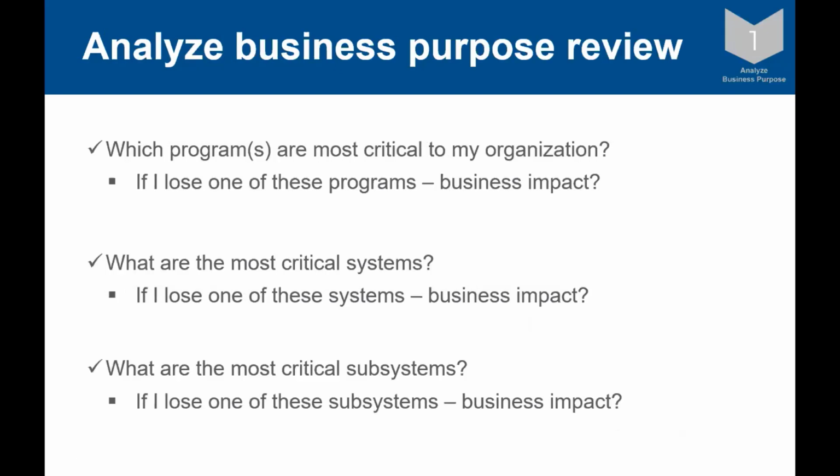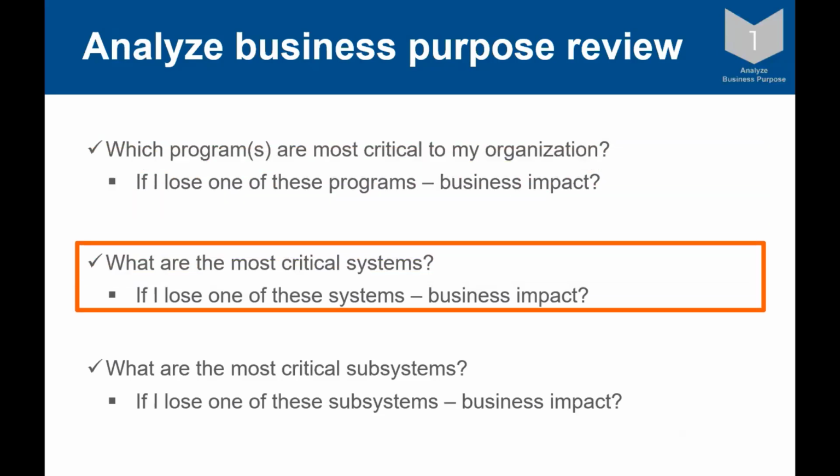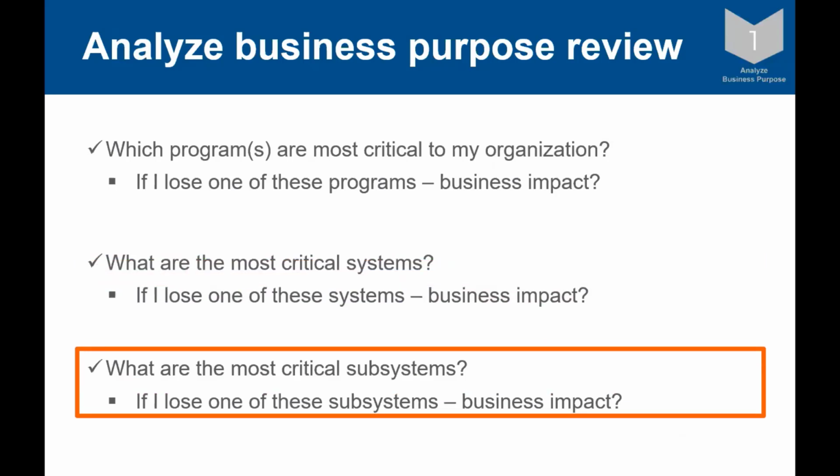When we talk about analyzing the business purpose and we review this section, we want to understand what programs are most critical to my organization. If I lose one of them, what's the business impact? Same thing with the critical systems, and the same thing with the subsystems and onto components and subcomponents.